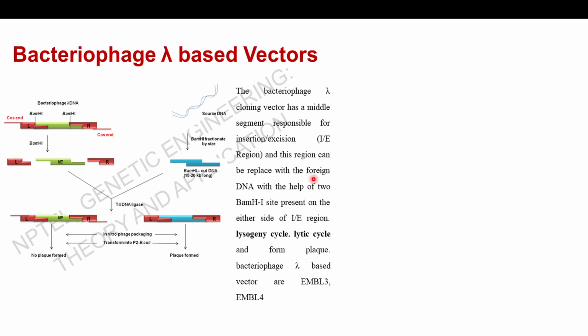Now there can be bacteriophage lambda-based vectors also, where the bacteriophage lambda cloning vector has a middle segment, this part here, which is called the insertion or excision, I/E segment or I/E region, and this region can be replaced with a foreign DNA of our interest, right?